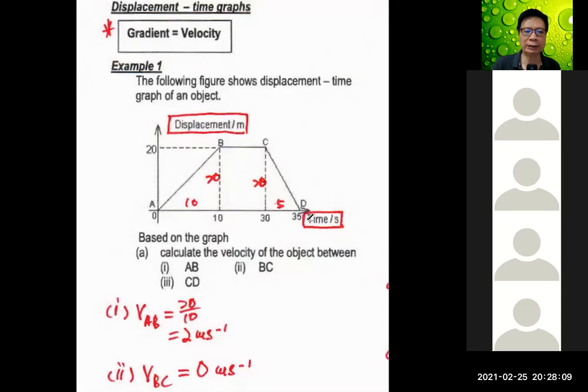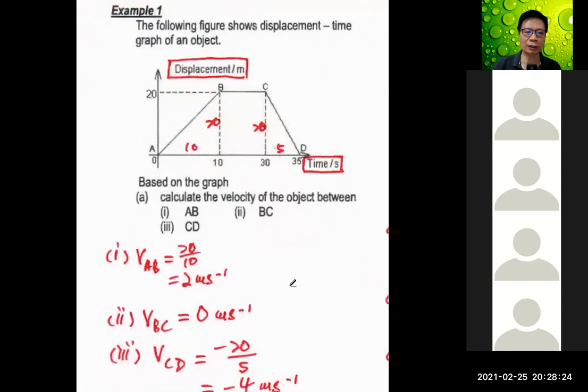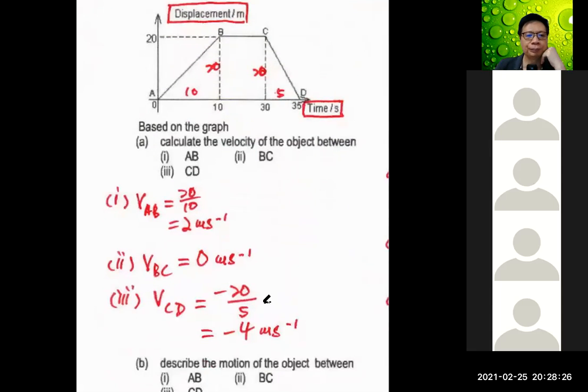Okay, what about CD? The CD gradient is negative. This one goes downhill. So the gradient is negative, and negative gradient means moving in the opposite direction. So you get -4. This gradient is negative, so you have to put the negative yourself.